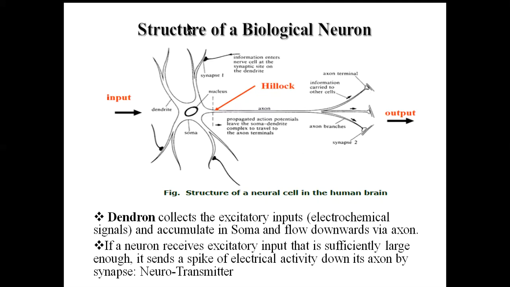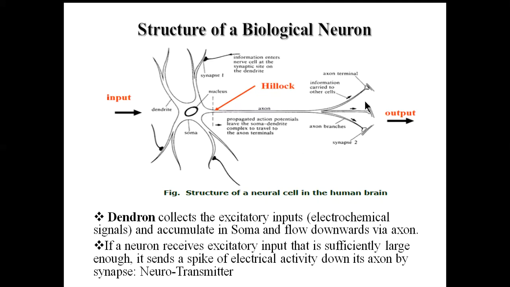So what is the overall operation? Electrochemical signals are collected through the dendrite or dendron and accumulate in the soma section, and the whole accumulated signal passes through the axon to the synapse.